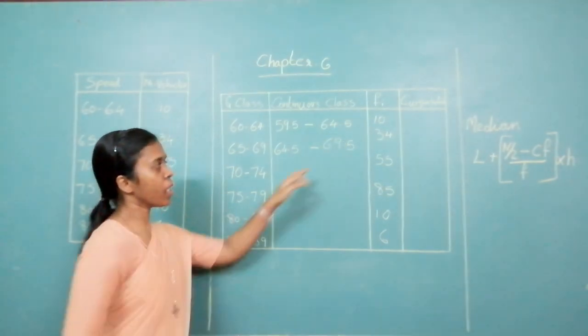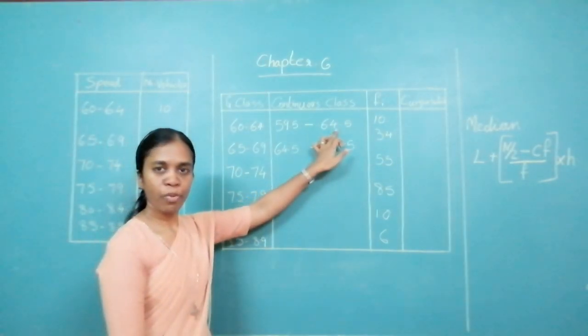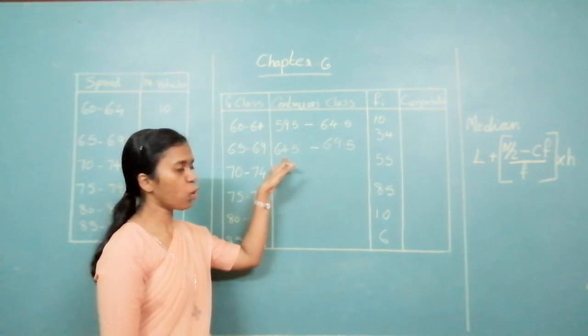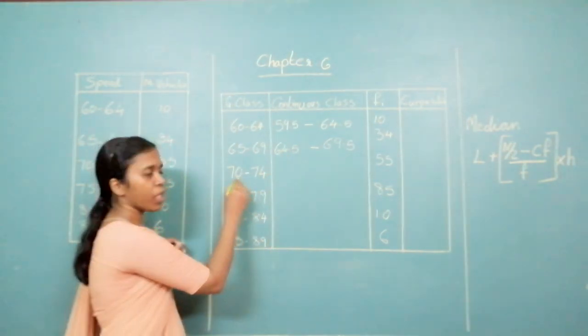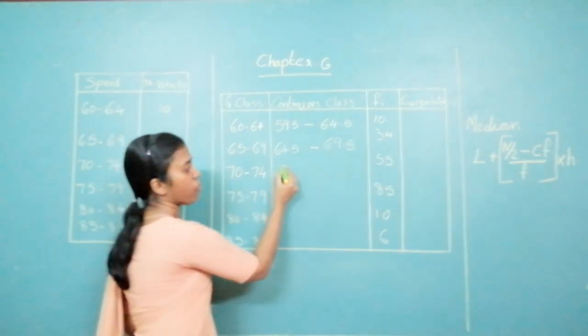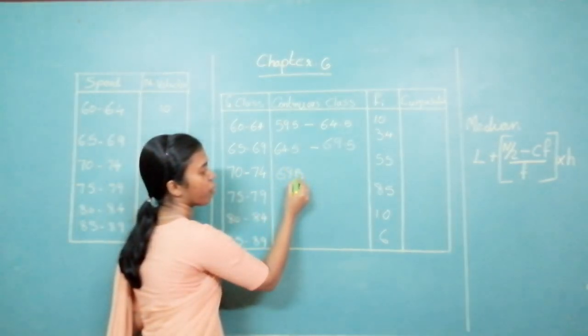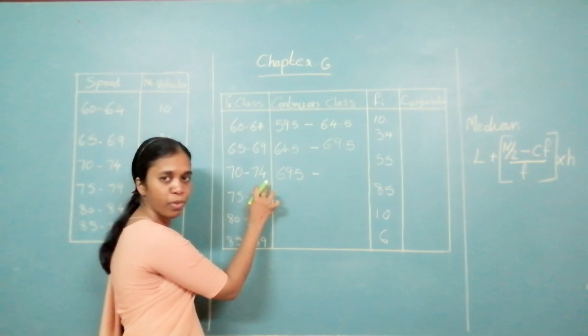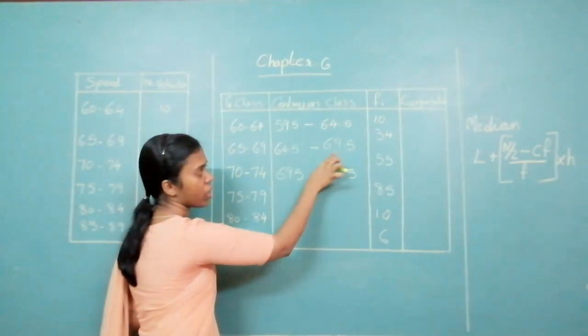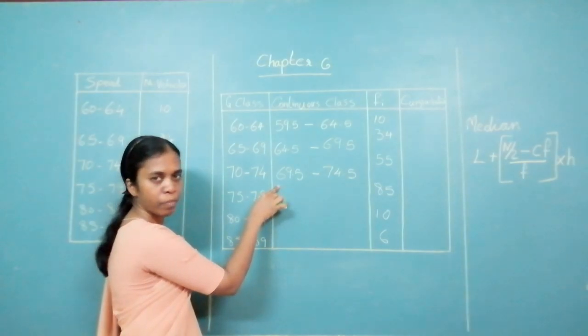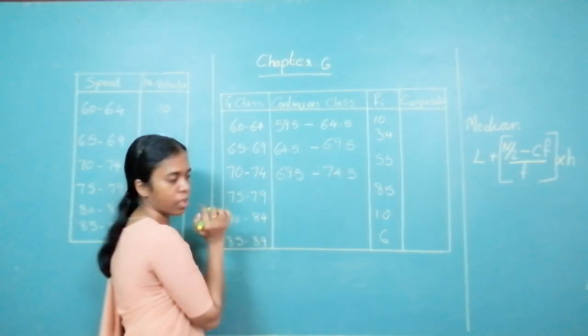You can see that the upper limit of the previous class interval is the lower limit of the next one. Now 70 minus 0.5, you will get 69.5, and adding 0.5 to the upper limit, you will get 74.5. Can you see this upper limit is the lower limit? So this is a continuous class interval.